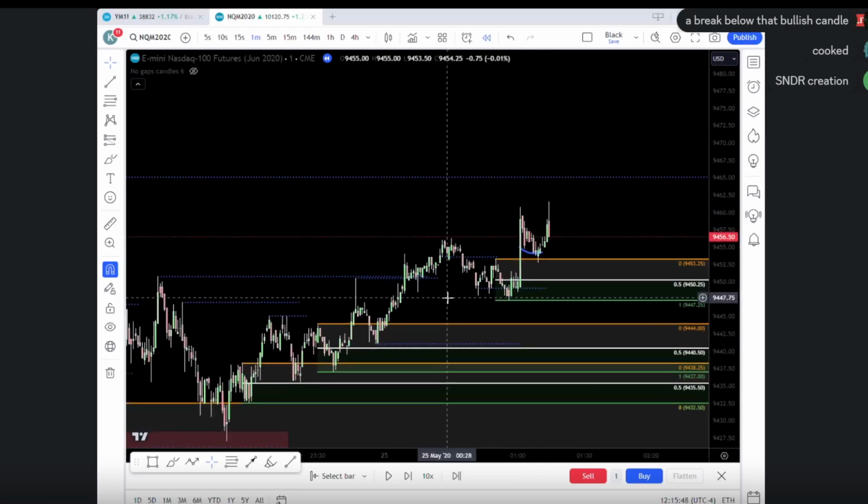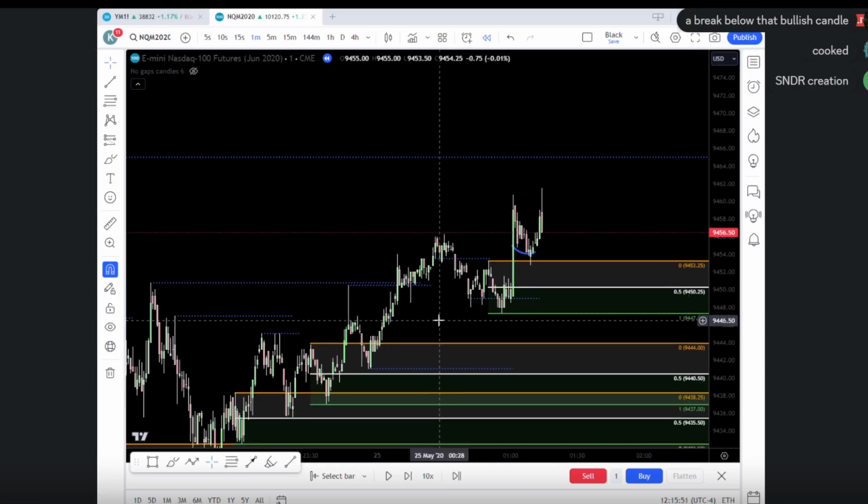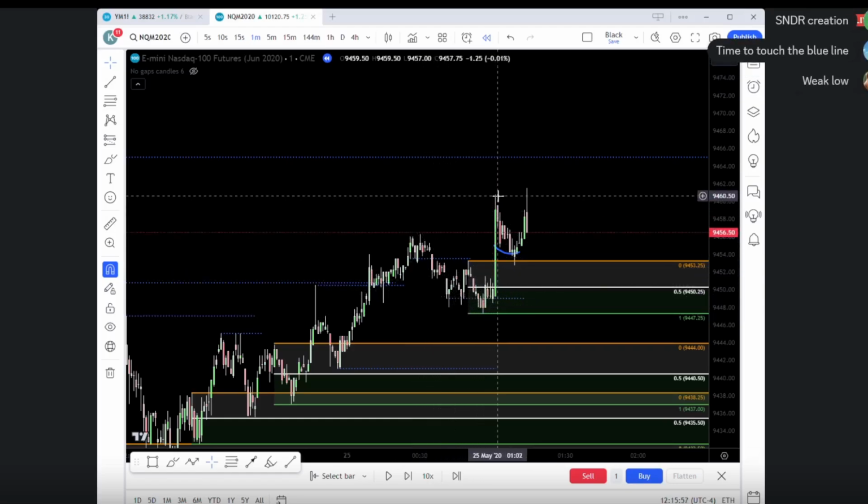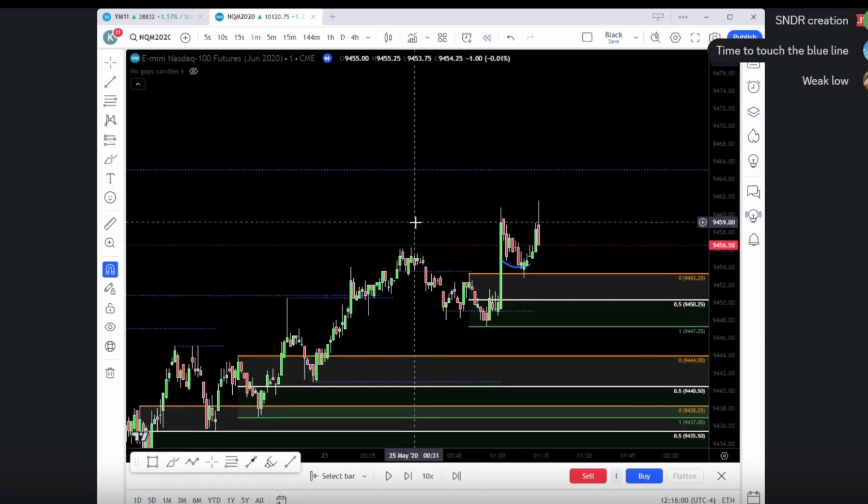Right. And by the way, just for you guys' understanding as well, yes, this is still the protected low until this forms. This was a lower time frame reset that continued up.